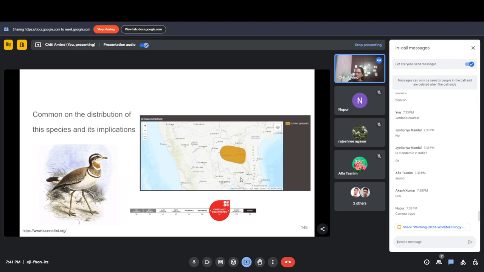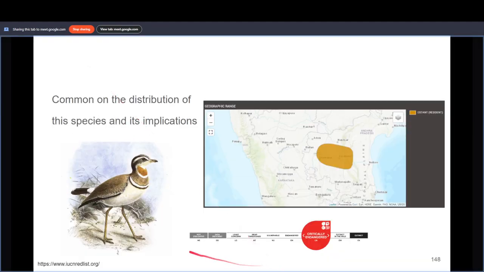Does anyone have an idea of what is critically endangered? So there are various degrees of classification, as you can see. You have not evaluated, data deficient, least concern, near threatened, vulnerable, endangered, critically endangered, extinct in the wild, extinct.